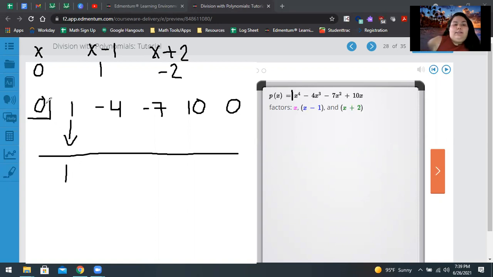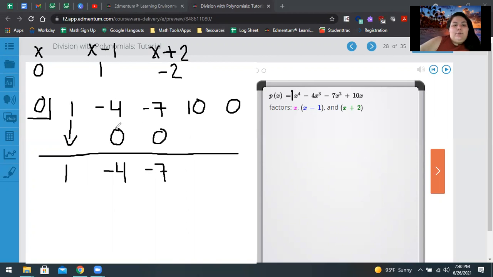So it's 1 times 0, which is 0. Negative 4 plus 0 is negative 4. Negative 4 times 0 is 0. Negative 7 plus 0 is negative 7.